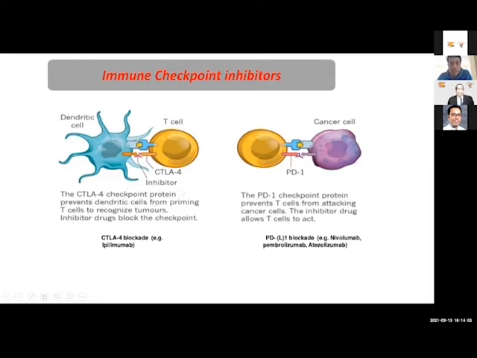So they developed an immune checkpoint inhibitor called ipilimumab, an antagonist antibody to this protein, to block this interaction and reactivate the T cells. Also the PD-1 inhibitors follow the same concept, but they block the interaction between PD-1 on the T cells and PD-L1 overexpressed on the cancer cell. That's how the immune checkpoint inhibitors work.